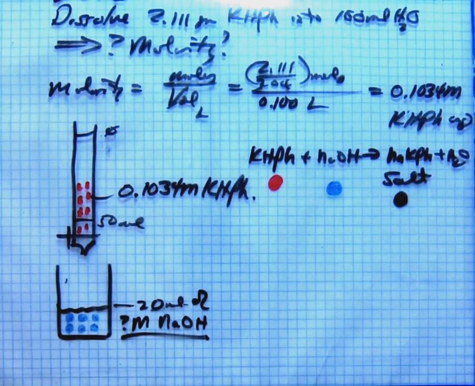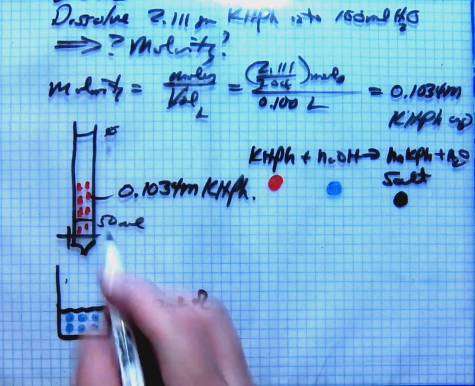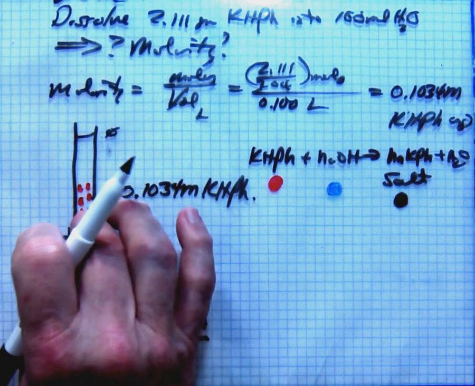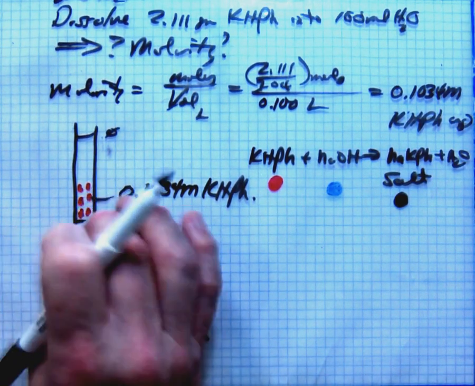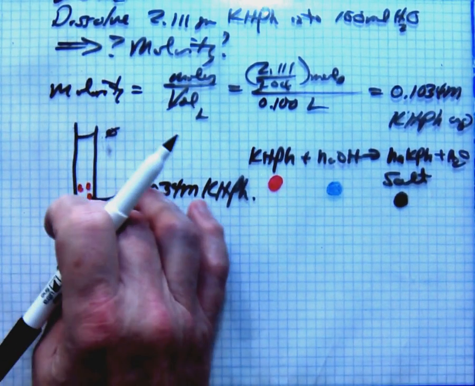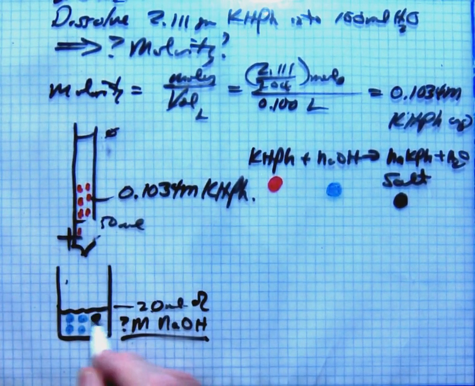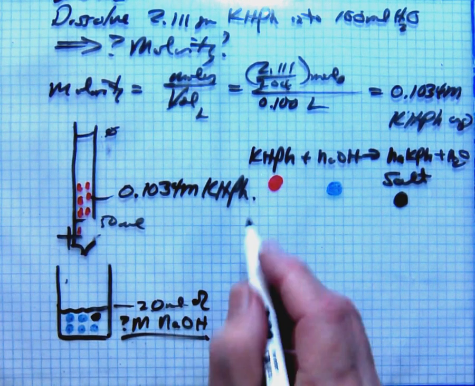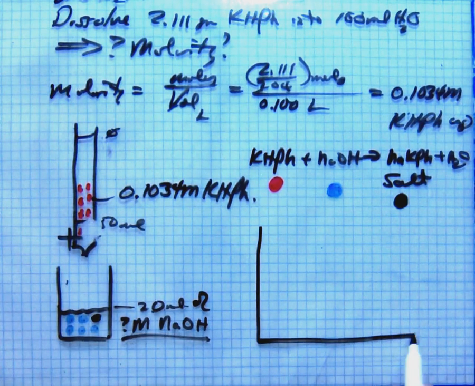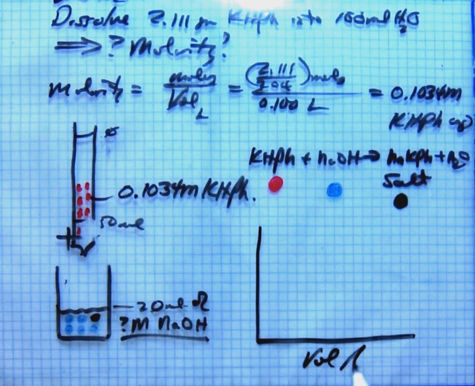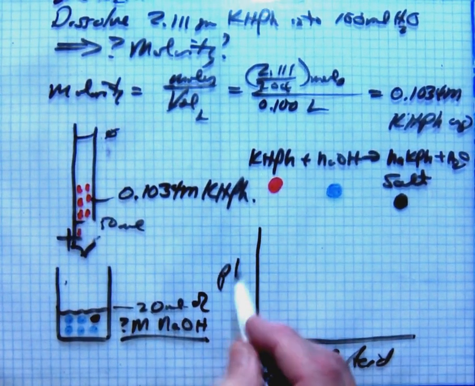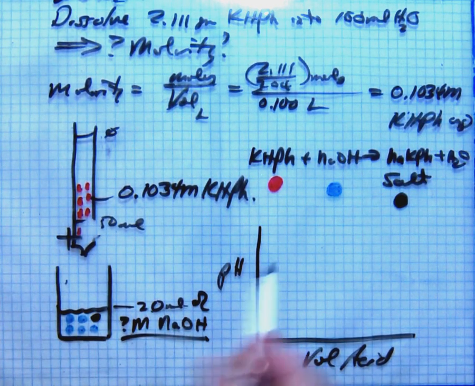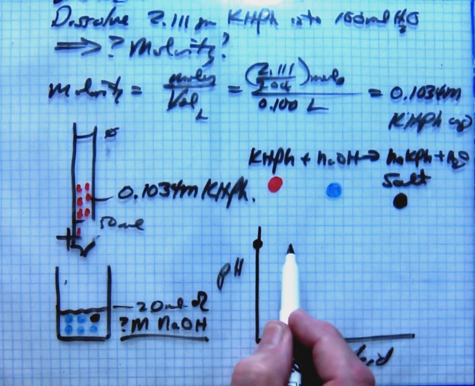Okay, so I'm now about to start dropping my preparation into that solution. So I go ahead and I put one of them in, right there. It's going to turn one of these into a black dot. You still got a more basic solution. So what you're going to see as you go along is you're going to start here and it's going to go along here.